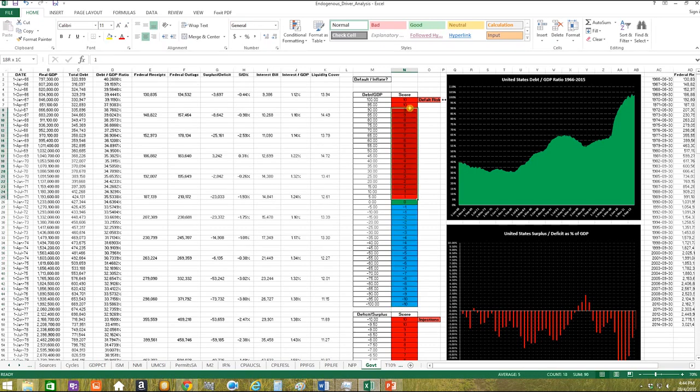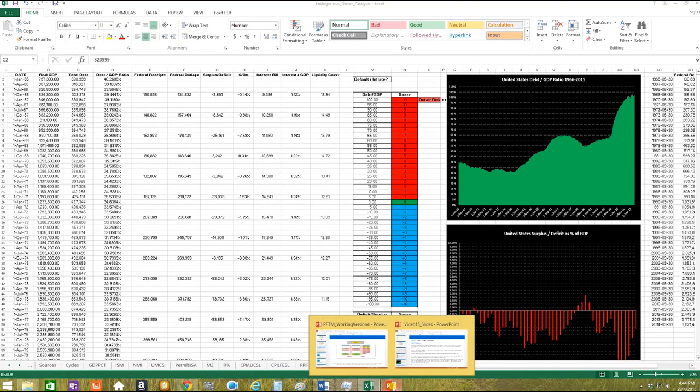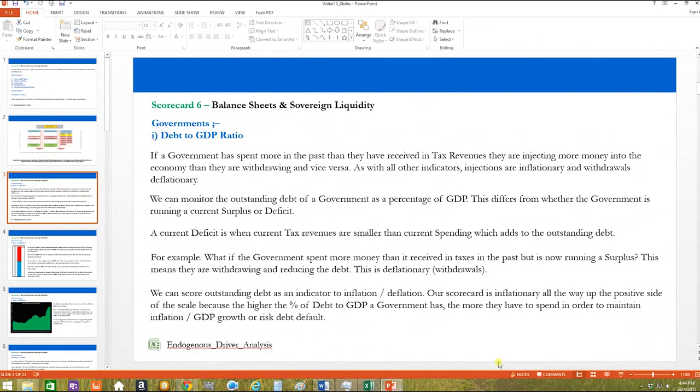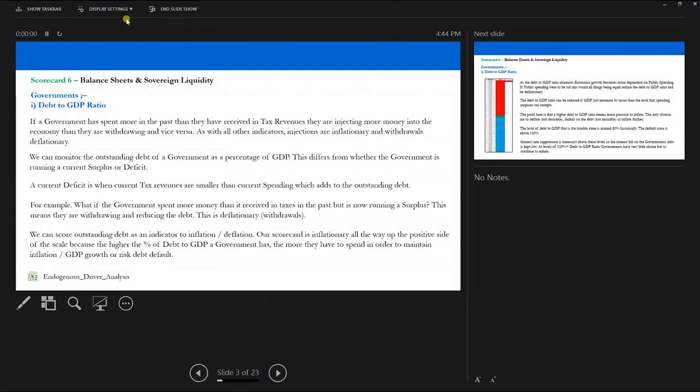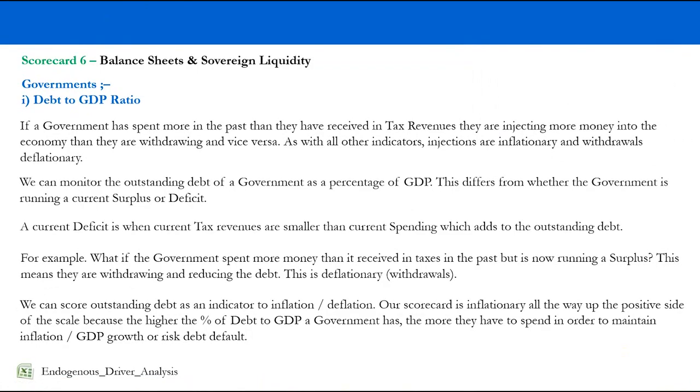So positives are injections, inflationary. Negatives are withdrawals, deflationary. And we can go back to our scorecard now. Again, you should be getting very familiar with this scorecard process. We can go back to the presentation and we can have a look at this in a bit more detail.